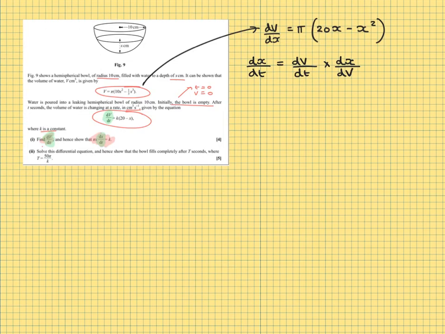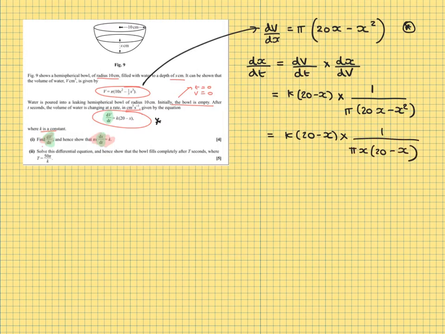So what do we know? Well, dv by dt, we've been told, so that's k, brackets 20 minus x, and dx by dv will be the reciprocal of dv by dx. So it will be 1 over pi (20x minus x squared). Let's factorise this part here.